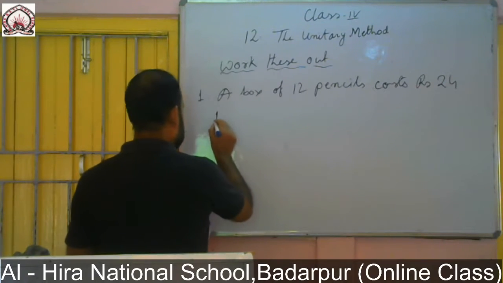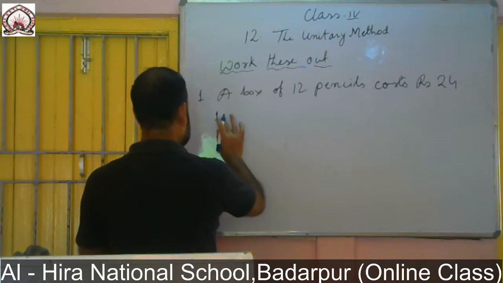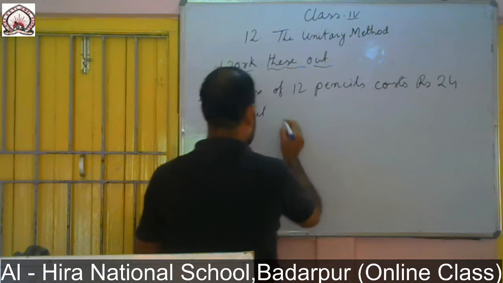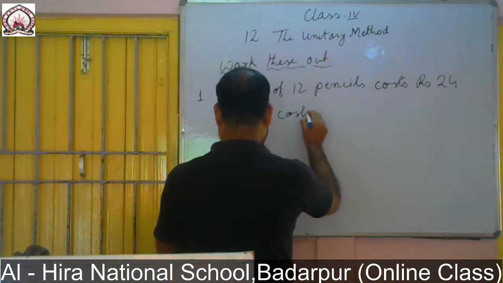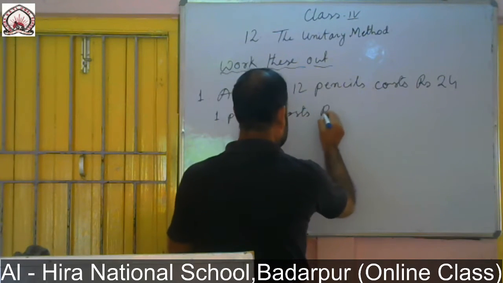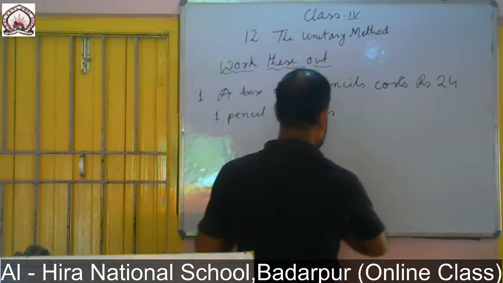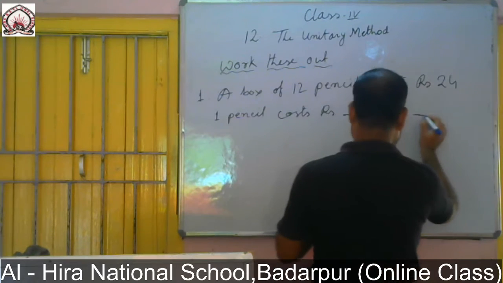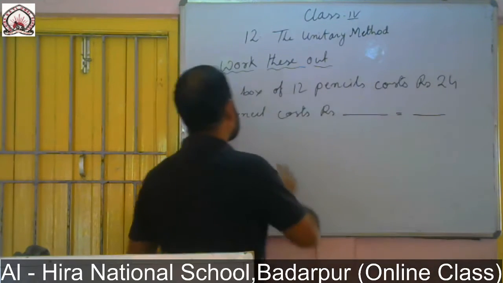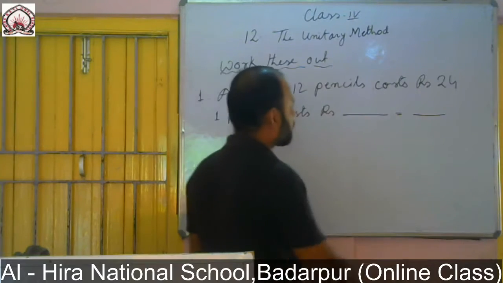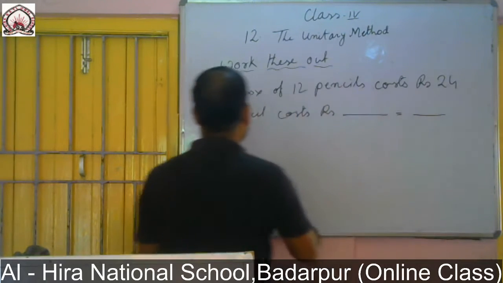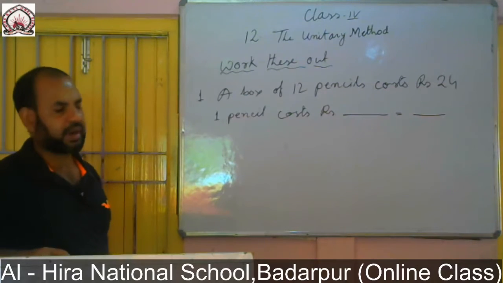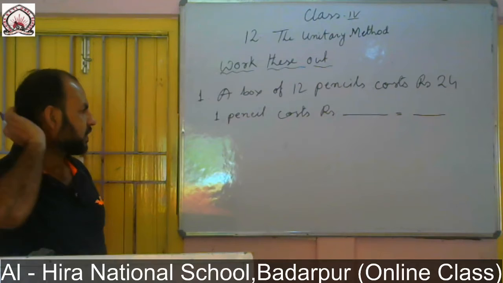A pencil costs rupees dash equal to dash. So if a box of 12 pencils costs rupees 24, by the unitary method first we find the price of one unit.